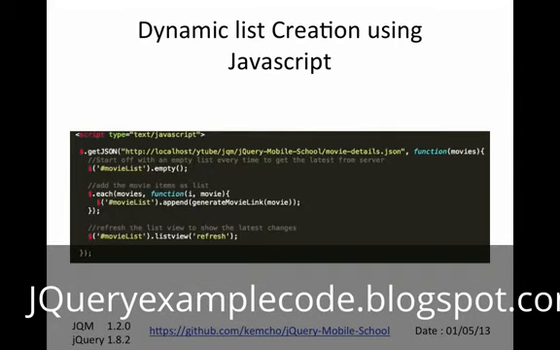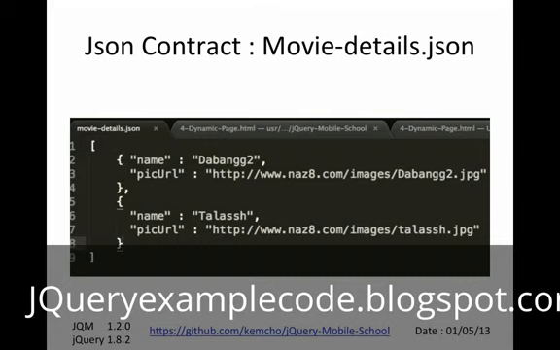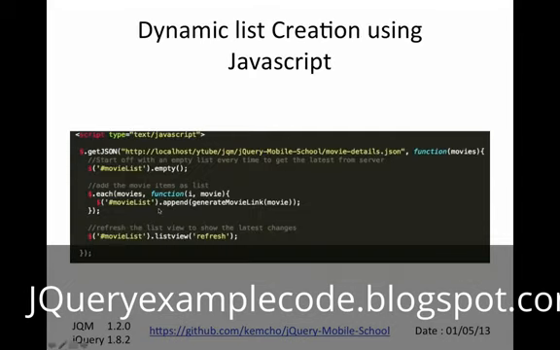So the first thing we're going to do is read this JSON file and then create a list. We're going to take the name of the movies from this file and then create our list dynamically based on this JSON file input. So we use the getJSON method using jQuery.